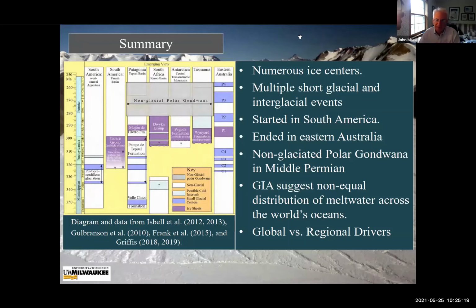There were probably uplifts. Lynn might argue that there were uplifts that were causing glaciation in the ancestral Rocky Mountains. Ron, in our discussion with him earlier, said the Appalachians had to have glaciation. Those glaciations, though, are really small volumes of ice, and you and I couldn't go out to the ocean and measure the fluctuations of an alpine glacier waxing and waning. It has to be ice sheets, and the only place that we can really put ice sheets is Gondwana.